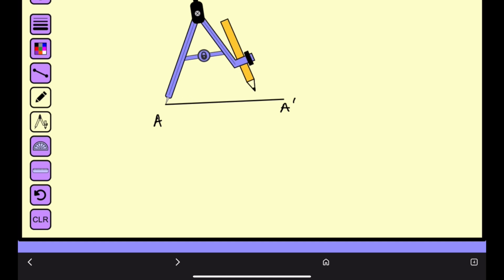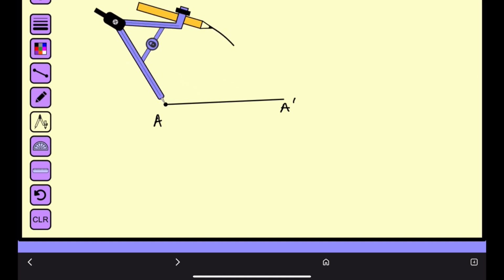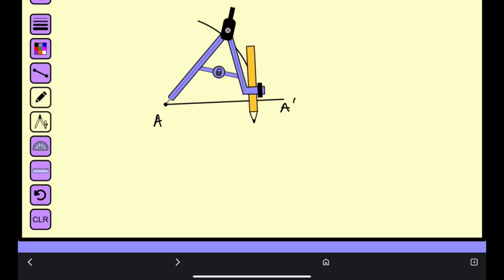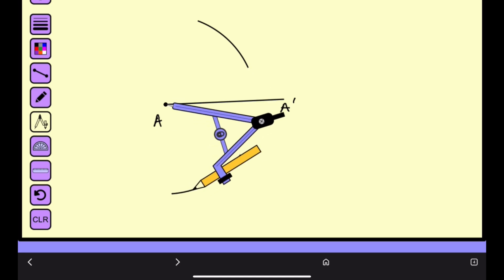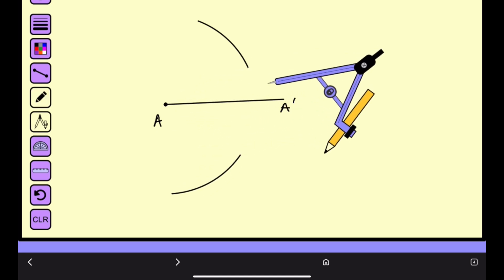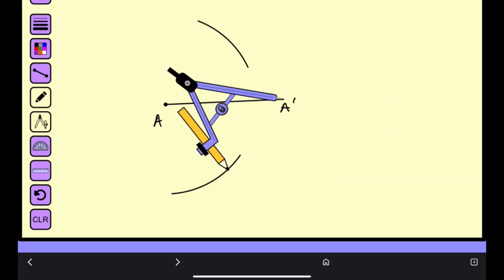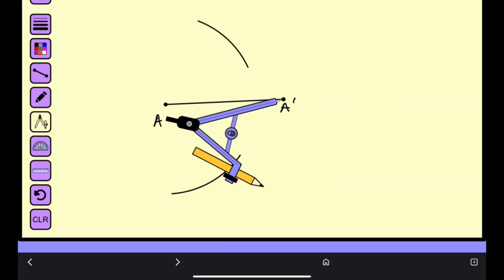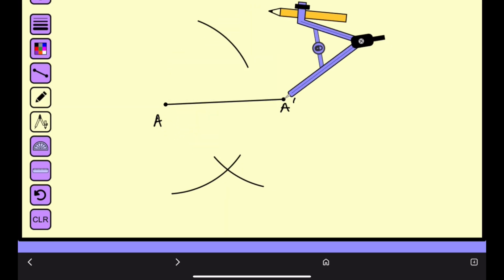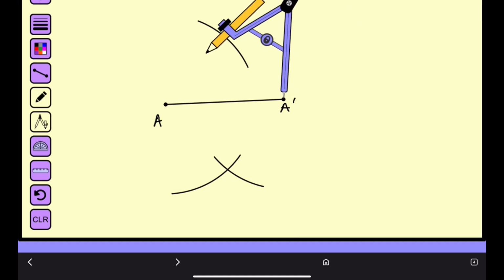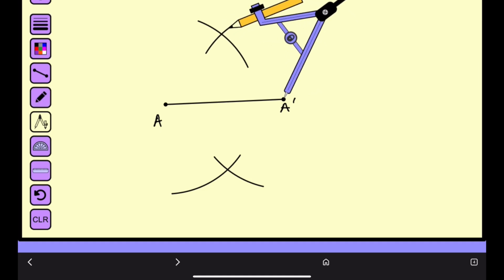So what we're going to do is construct arcs above and below the line. Then we're going to pick up the compass, place it at the other endpoint, and construct arcs from that point, but you have to make sure that the length of the compass remains unchanged.